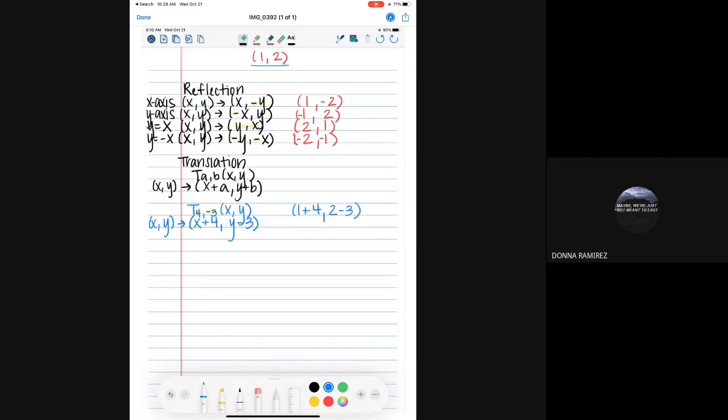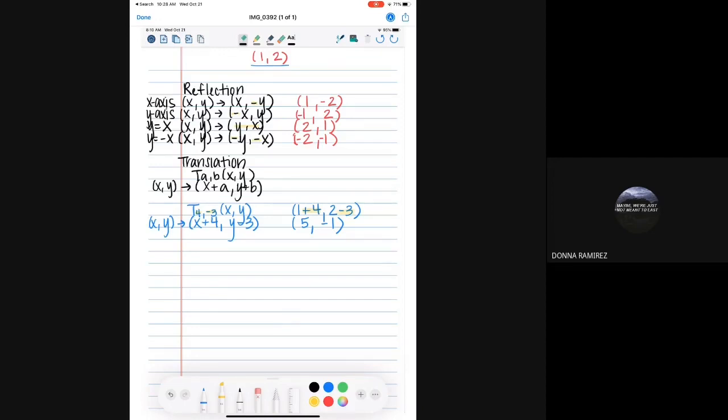And we would end up with the coordinates 5 and negative 1. Right? So these translation rules tell us what to add or subtract to our original x, or what to add or subtract to our original y. Are there any questions still about translations and their function or mapping rules?